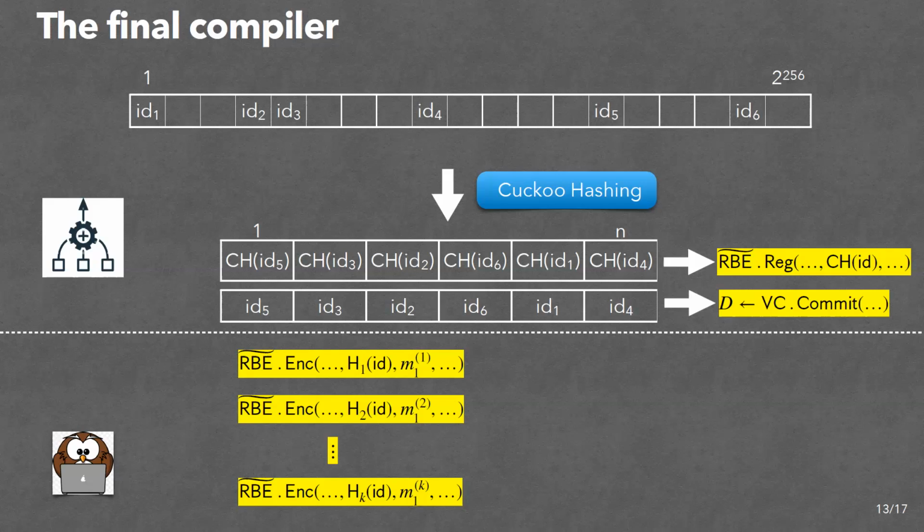There is a very nice trick, relevant to this slotted version of registration-based encryption, in which you can have a data structure so that the opening proofs are only updated log of n times throughout the system.